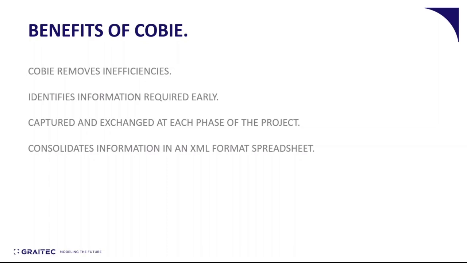Typically, it would be captured and exchanged at relevant stages throughout the project, typically in what's called a data drop. And the information is consolidated into a standardized format, a spreadsheet. So fulfilling your COBie requirements ultimately requires you to produce a COBie spreadsheet.